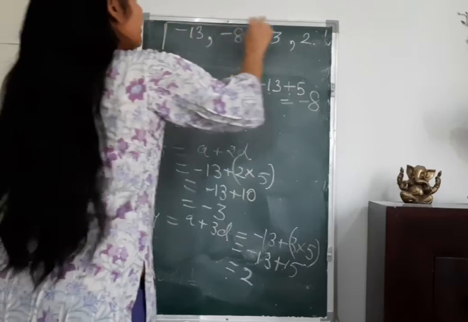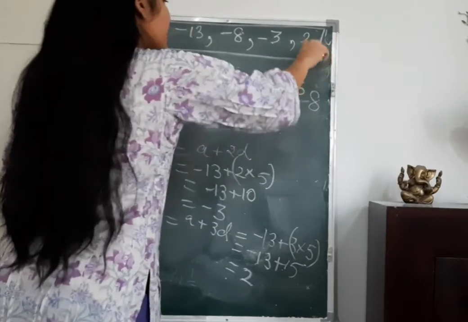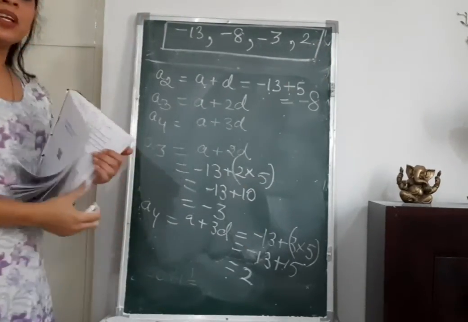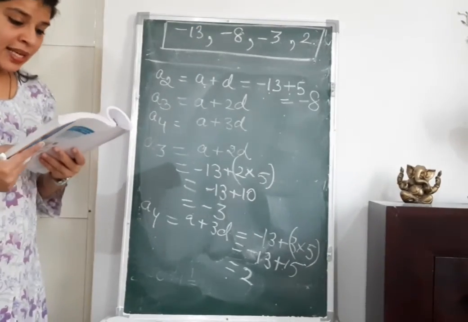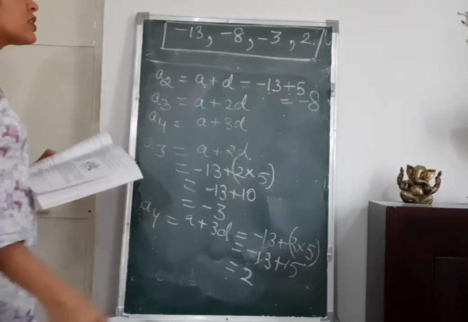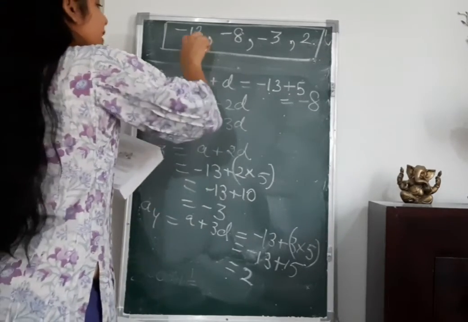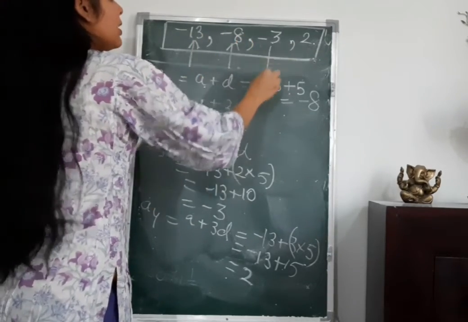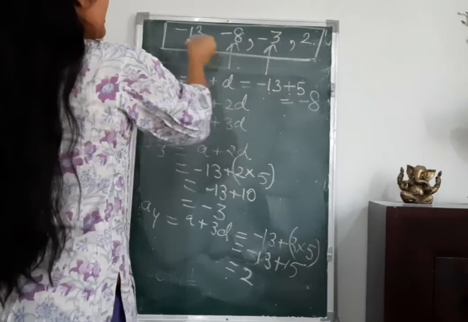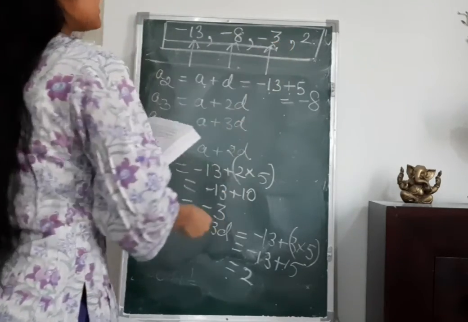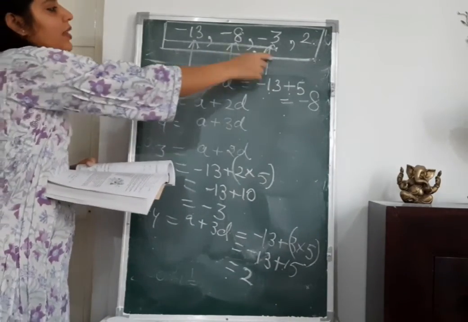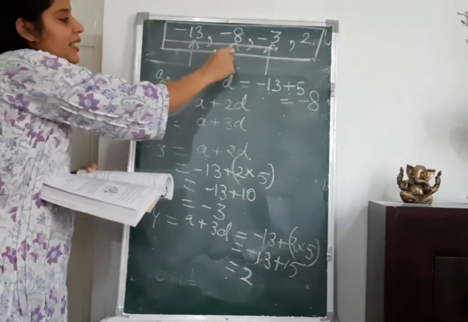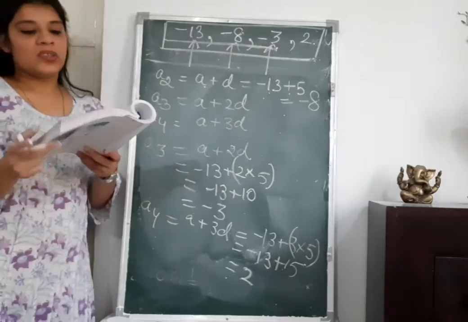So these are the first 4 terms of this series, and in a similar manner you can find out more terms of this series. Our question is only asking for the first 3 terms of the series. So this is A1, this is A2, this is A3. So A1, A2, A3 are minus 13, minus 8 and minus 3.